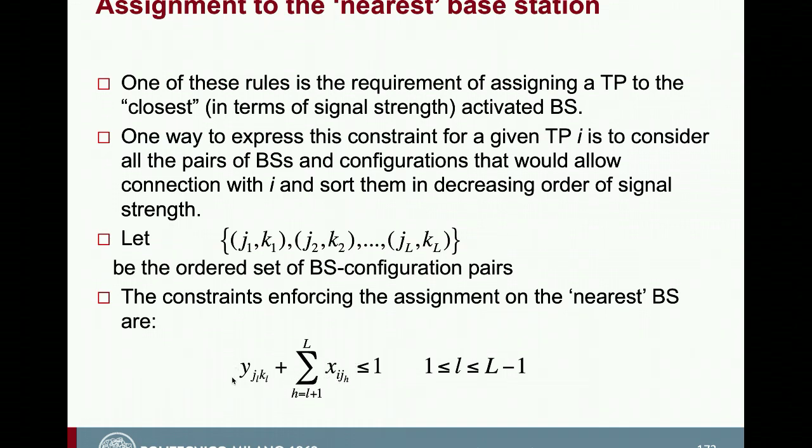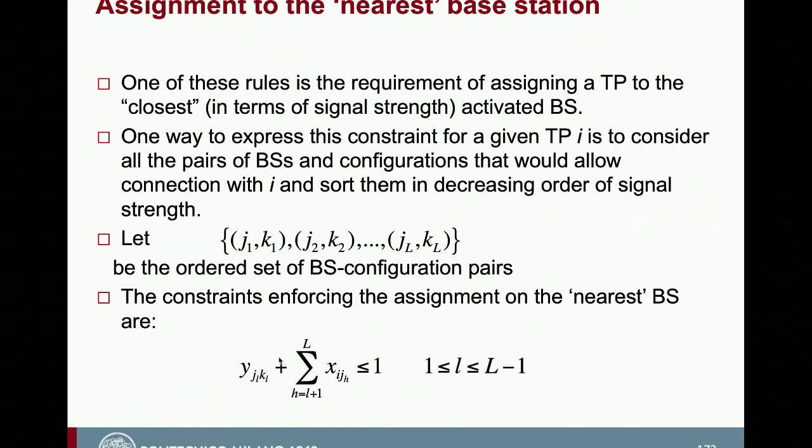As you can see here, this is actually a set of constraints for each test point. So we have a number of constraints per test point. This is for test point i in this example. Basically, we follow the order from 1 to L, where we assume L is the length of the vector here.